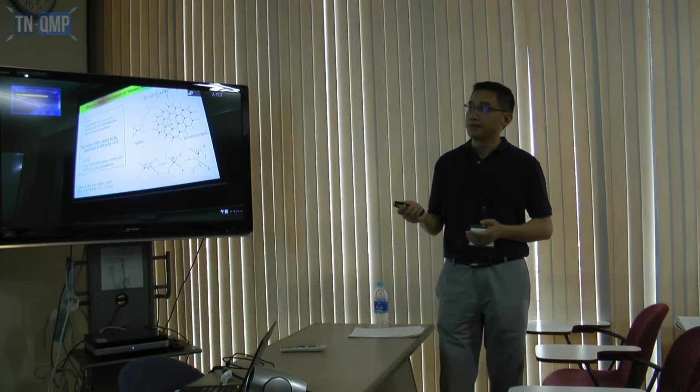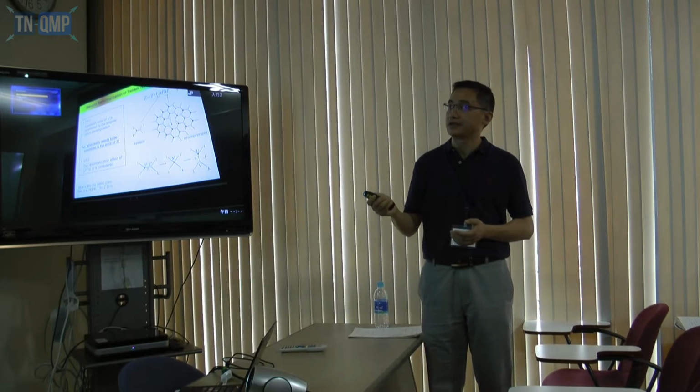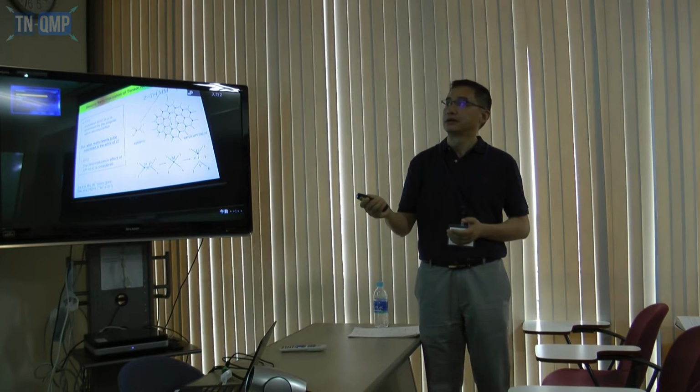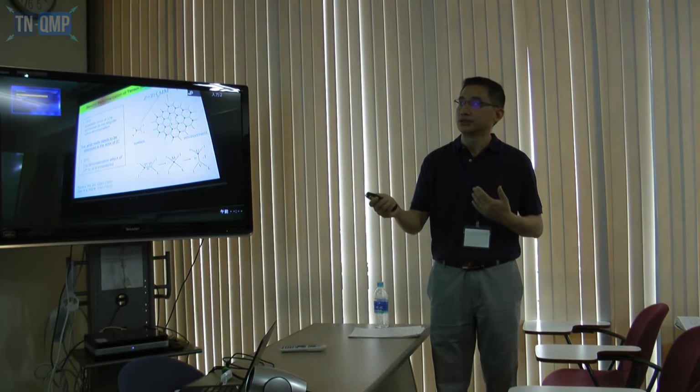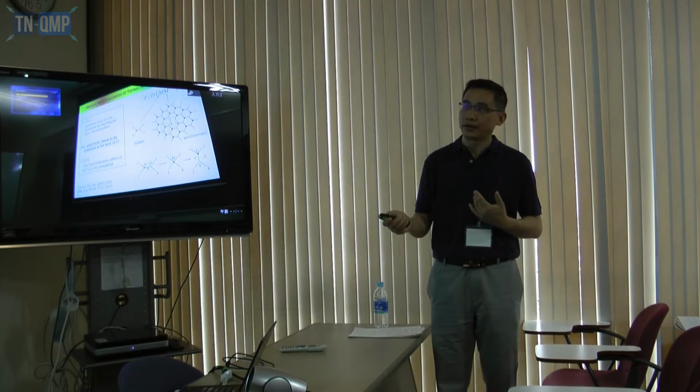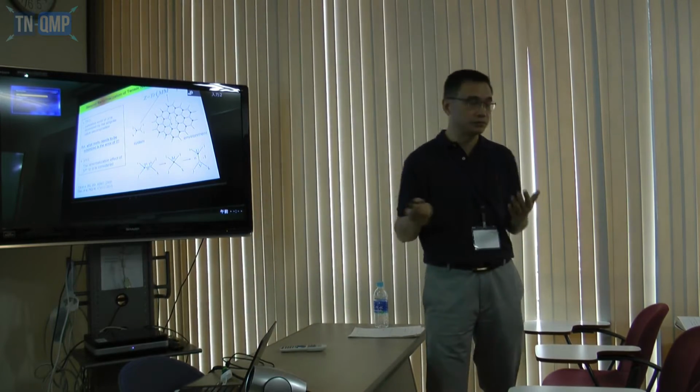Then if we know this tensor, we can have a better optimization scheme than the plain truncation. I call this a second renormalization approach.